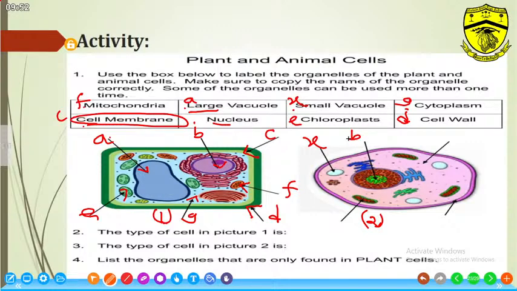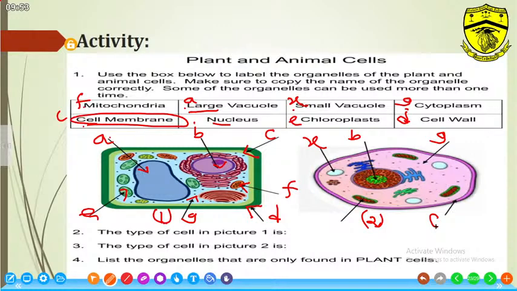This one is the cytoplasm. And this one is the cell membrane. The cell membrane is the outermost part of the animal cell. Yeah, this one. Mitochondria or lysosome. This is another one now.